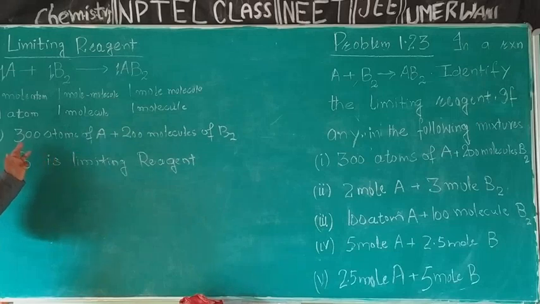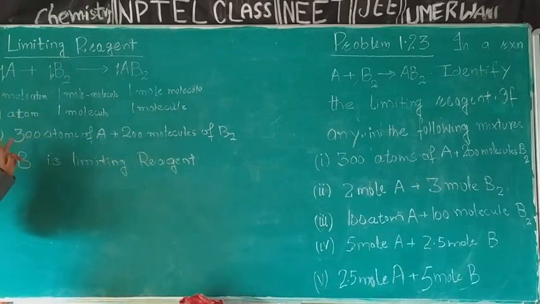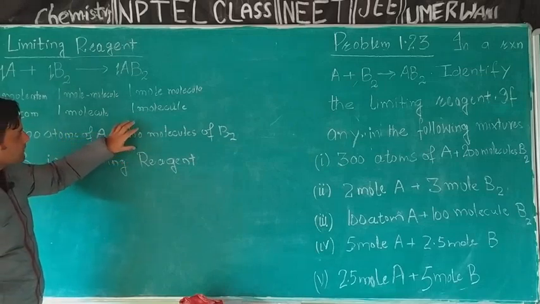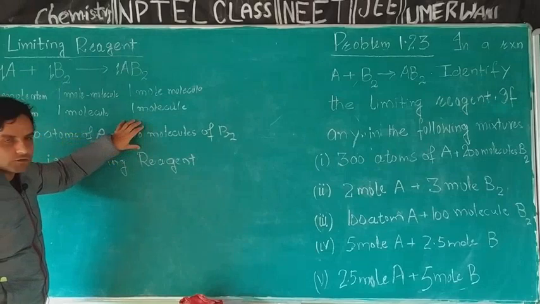The desired ratio between the number of atoms of A and the number of molecules of B2 is 1:1, but here the ratio is 3:2. For 300 atoms of A, it was desired to have 300 molecules of B2, but the number of molecules of B2 is only 200.